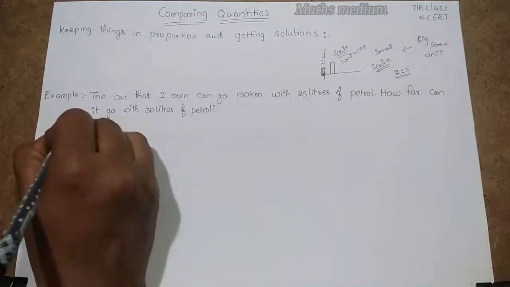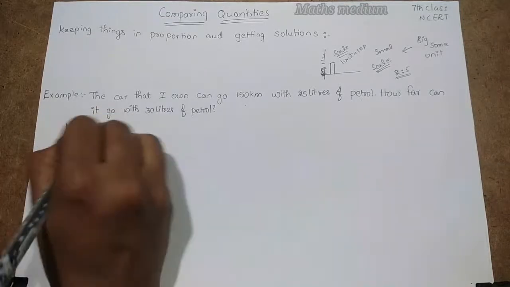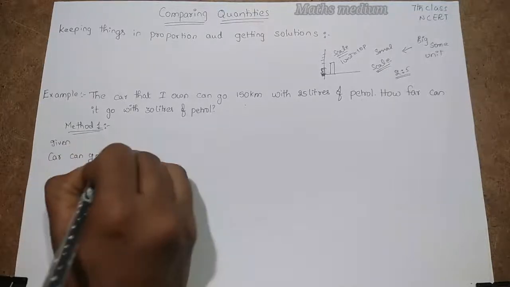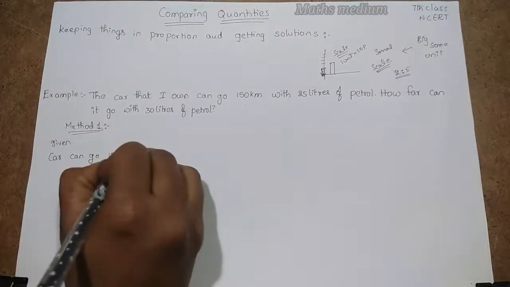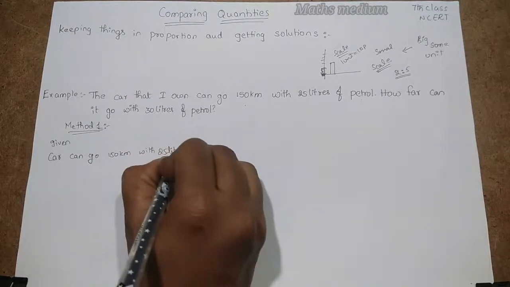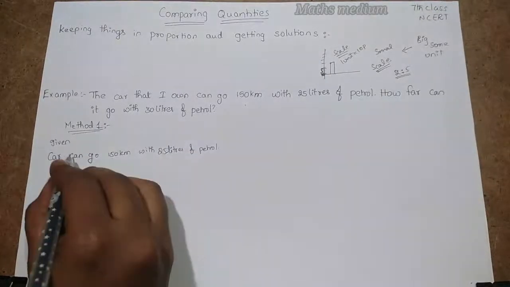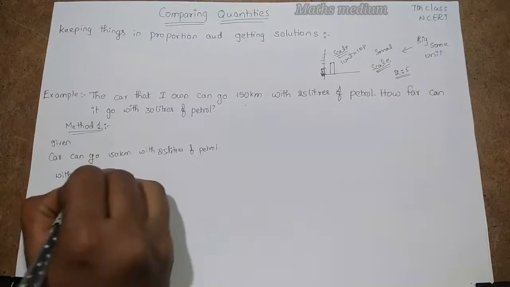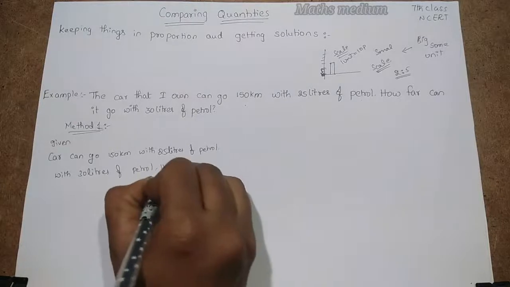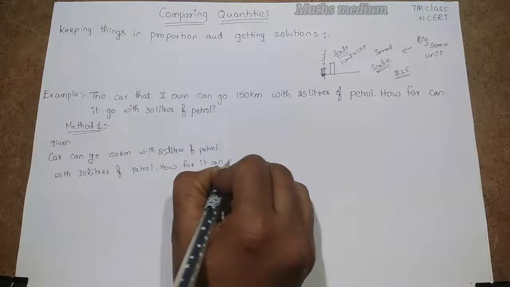So first, take method 1. Given: the car can go 150 kilometers with 25 liters of petrol. Then how far can it go with 30 liters of petrol? We have to find that, right?